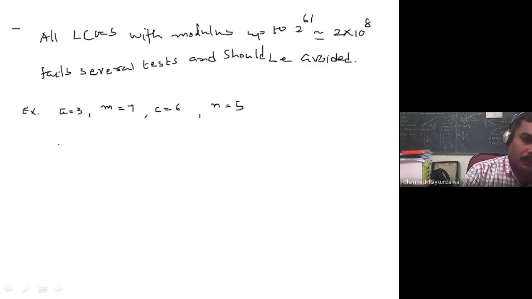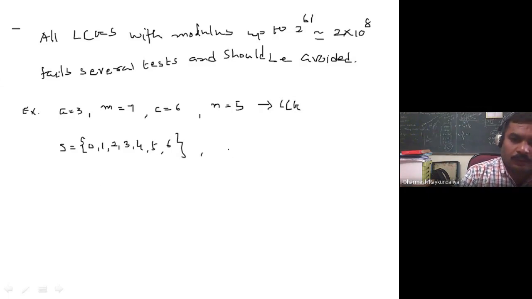The set takes values 0, 1, 2, 3, 4, 5, 6, and you have to generate them using the LCG, that is linear congruential generators. The initial seed will be given by the user. So S0 equal to H0, which I am drawing randomly from this, and I am providing the initial seed as 2.